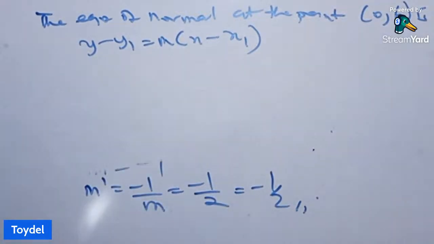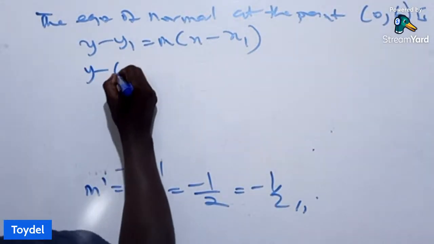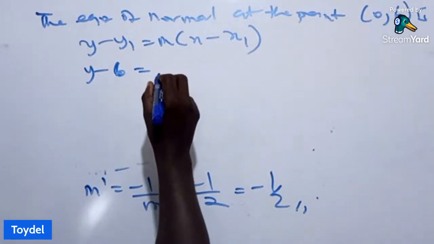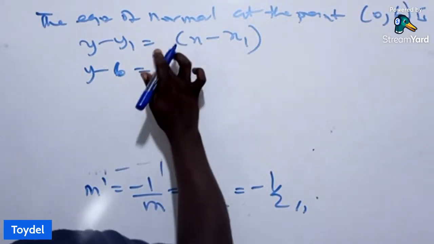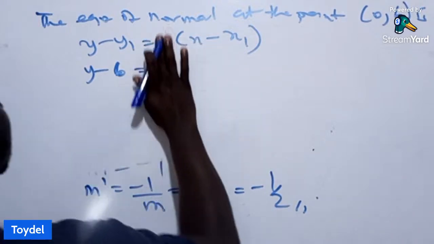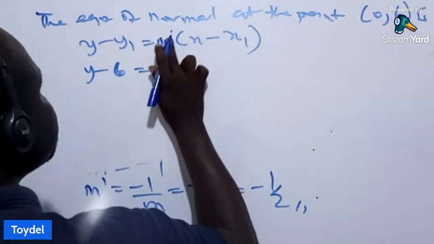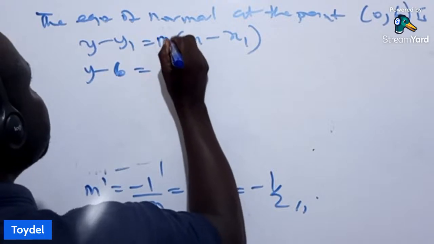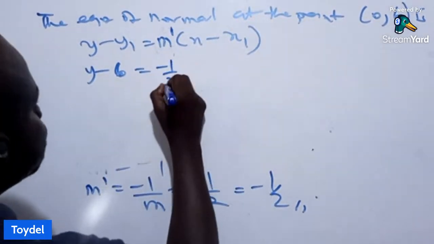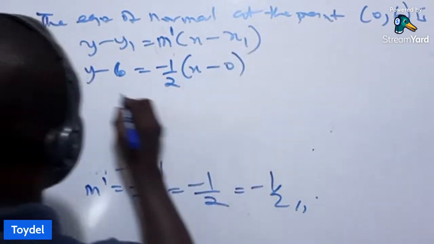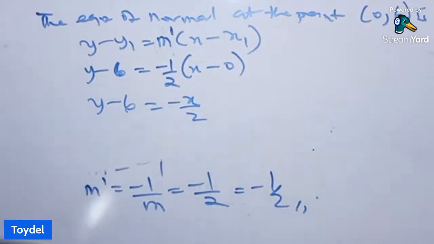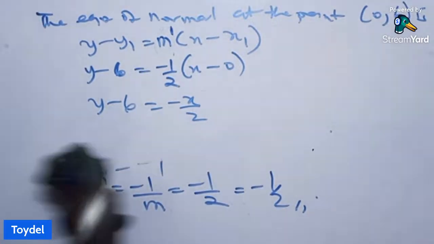Let me just put m prime here, because the equation of normal uses m prime. We have got the value of m prime to be 1 over 2 into bracket x minus 0. So we have y minus 6 equal to x all over 2. That's what you get.